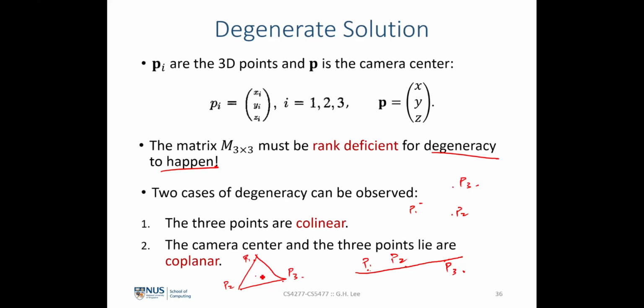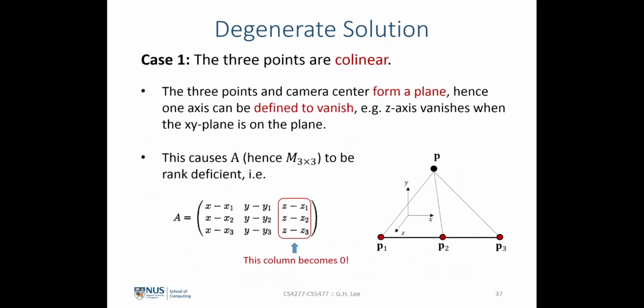This means that P, the camera center, is also lying on this particular plane, and this is going to be degenerate. In the first case, when the 3 points are collinear, we can illustrate it using this illustration. P1, P2, P3 lie on a straight line, which means they are collinear, and P can lie anywhere, which we simply denote using this point here.